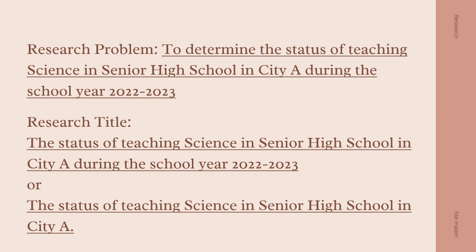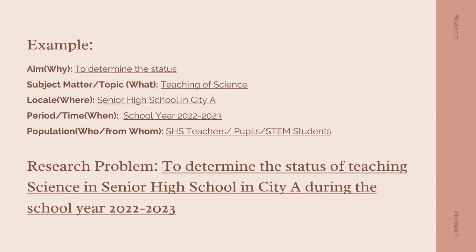For example, if you are a STEM student, you want to create a new fabric from bamboo. For the aim, you can determine the durability. That is your aim, your purpose. Your subject matter or topic is creating bamboo leaves as fabric.